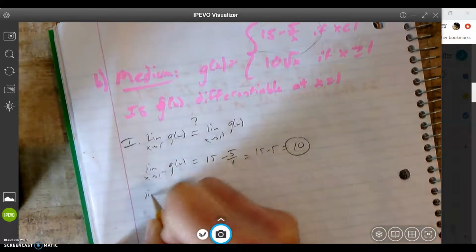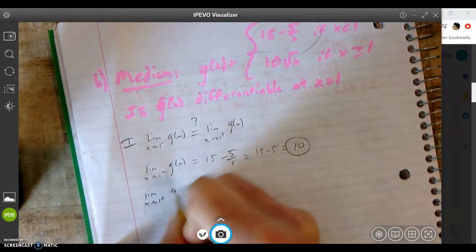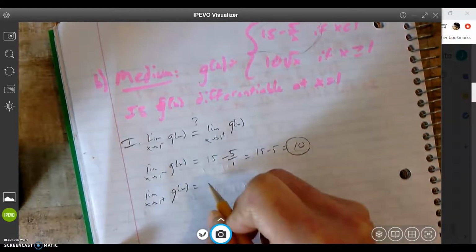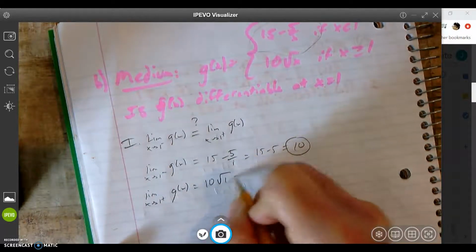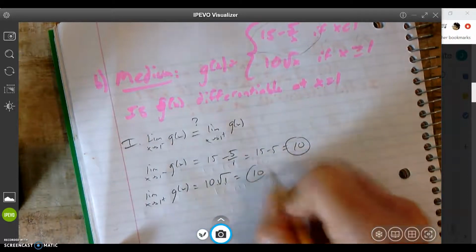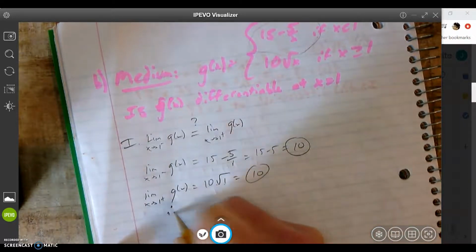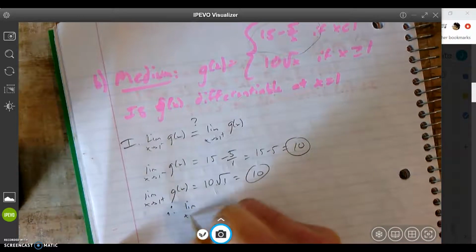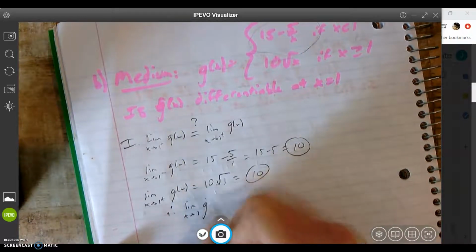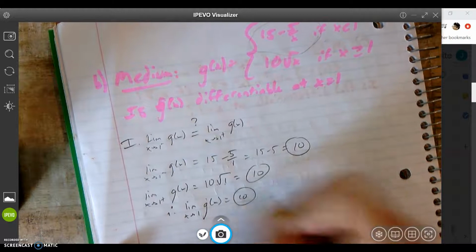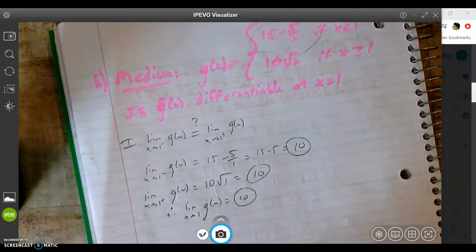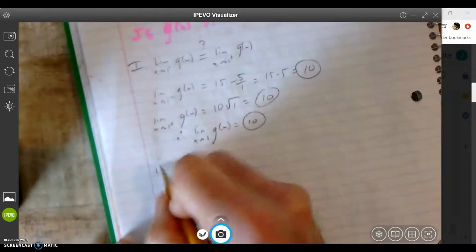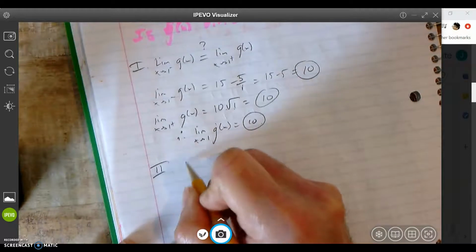The limit as x approaches 1 from the right of g of x is 10 times radical 1, which is 10 times 1, which is also 10. Therefore, the limit as x approaches 1 from both directions of g of x is 10. So we're approaching 10 from both directions on the y value. Step 1, done.